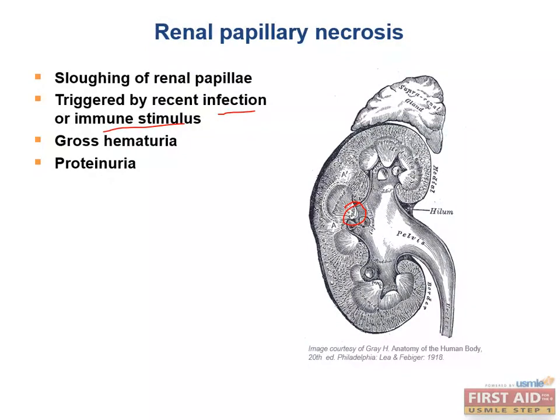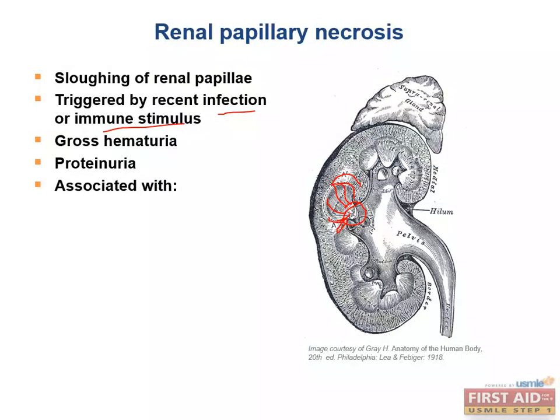Because remember, the arterioles are coming from the cortex and they're coming down through the renal pyramids and going to the papilla. So the papilla is the last place to receive the oxygenated blood. And that's why it's the most sensitive.